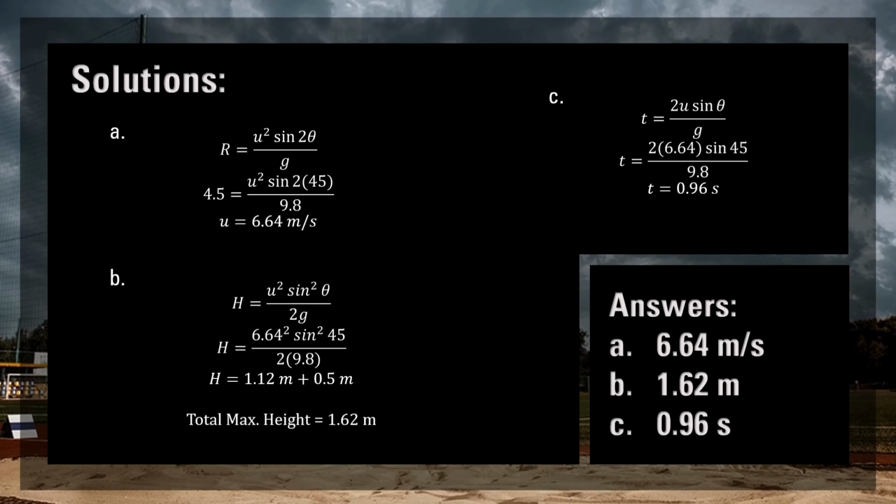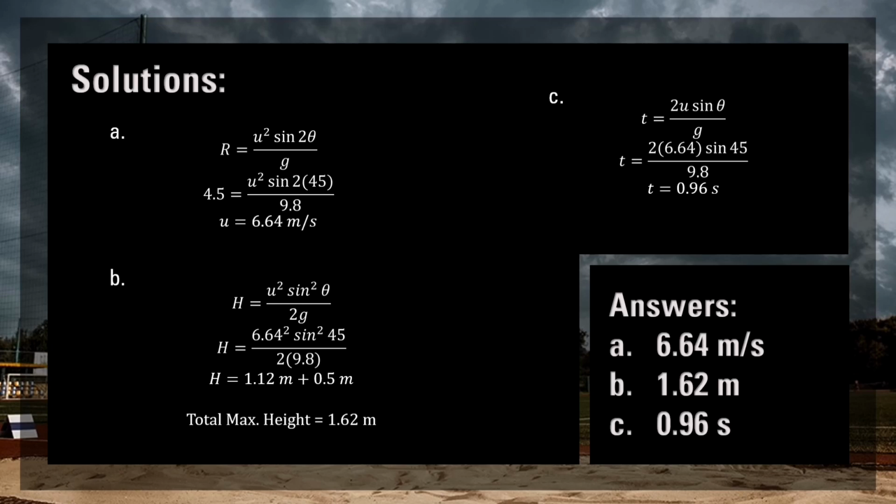For letter A, range is equal to velocity squared sine 2 theta over g, where the range is given as 4.5, theta is 45 degrees, and gravity is 9.8. Given those, 4.5 is equal to velocity squared sine 2 times 45 over 9.8. The velocity is 6.64 meters per second.